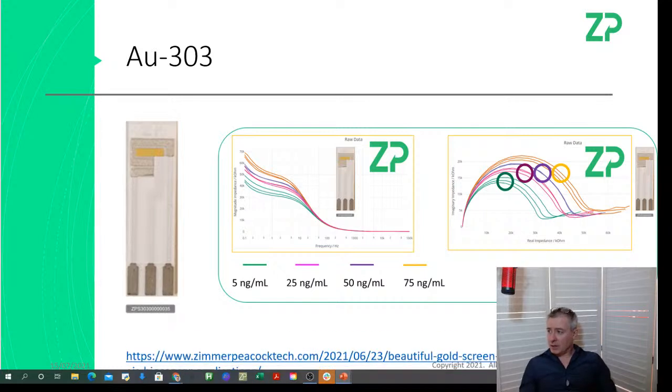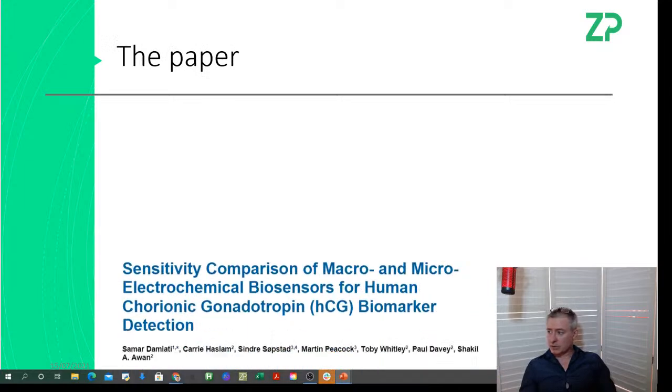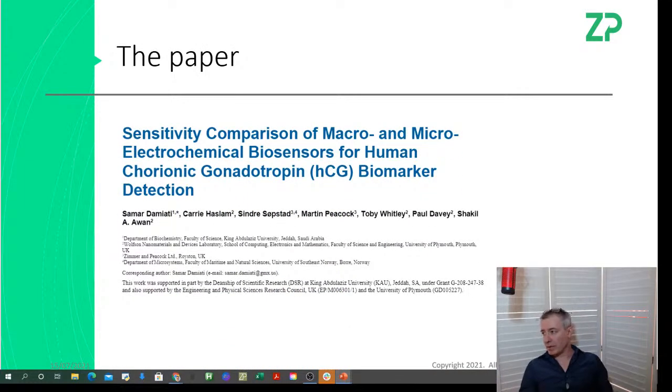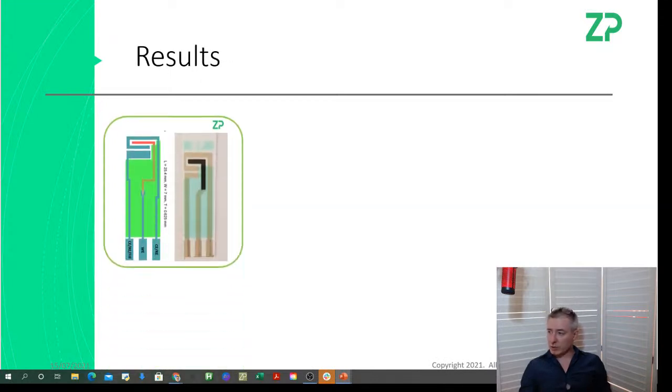Now, if you are on carbon electrodes, there is a good paper out there. It's not a good paper because I'm an author on it, but we use this paper quite a bit in our own work, and we know it works really well with the hypervalue carbon electrodes. So this is what we're doing.